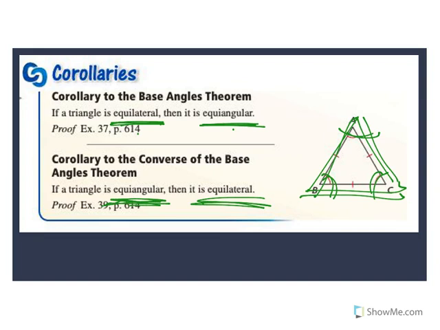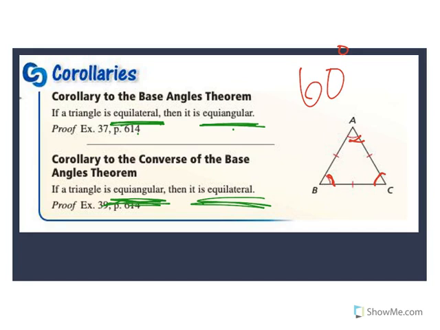So what that means is that we know some things. And one of the most important things that you absolutely need to remember, and write this down, folks, is that if all of the angles are the same, it means that every one of them has to be 60 degrees, because remember, they all add up in a triangle to 180.